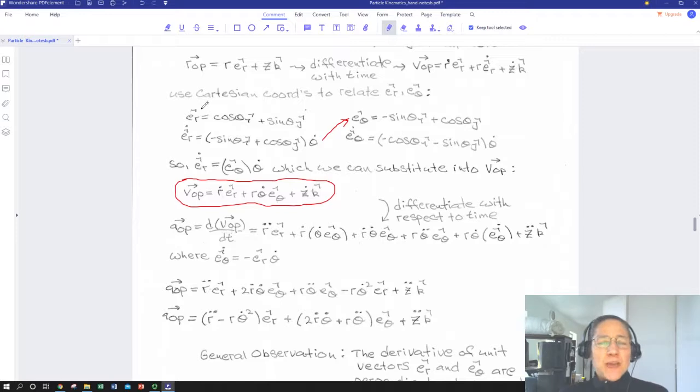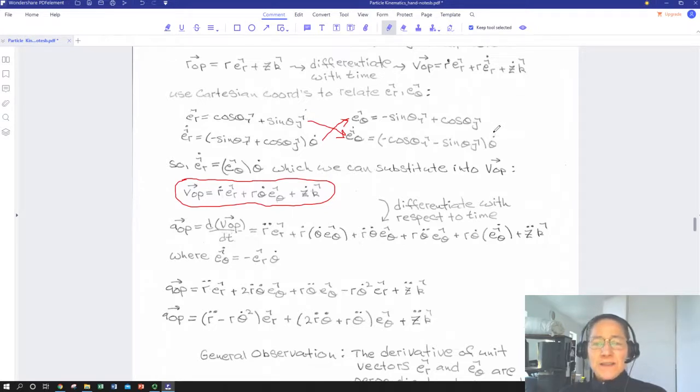So let's compare that to just plain old unit vector in the r direction. I got a cosine theta i, a sine theta j. So basically it's the same thing as this, except we've got a negative sign and we've got this theta dot going on.